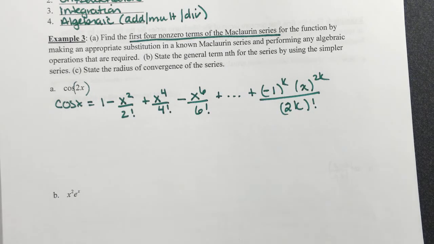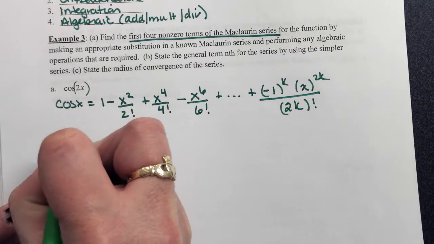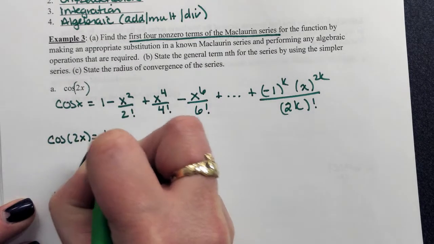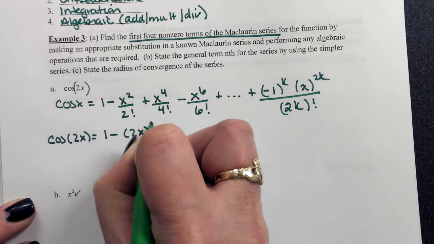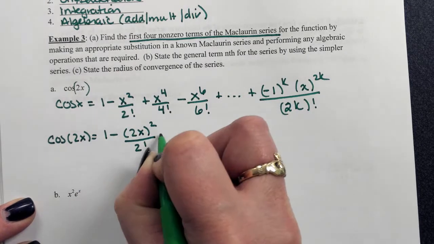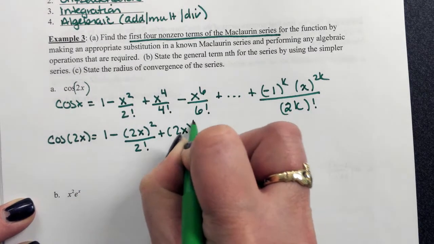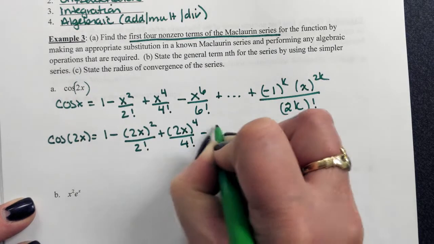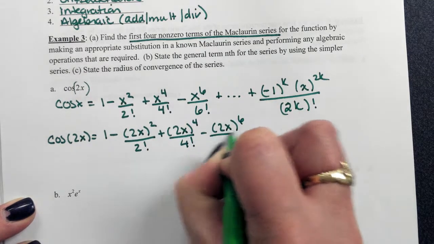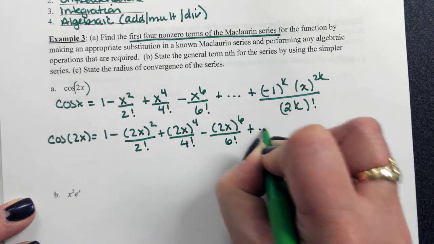So now that I know what the Maclaurin for cosine of x looks like, how can I find the Maclaurin for cosine of 2x? What can I do? Substitute. What am I going to substitute? I'm going to substitute in 2x anywhere I see an x. So the cosine of 2x is going to be equal to 1 minus 2x to the second power over 2 factorial plus 2x raised to the 4th over 4 factorial minus 2x to the 6th over 6 factorial plus dot dot dot plus.